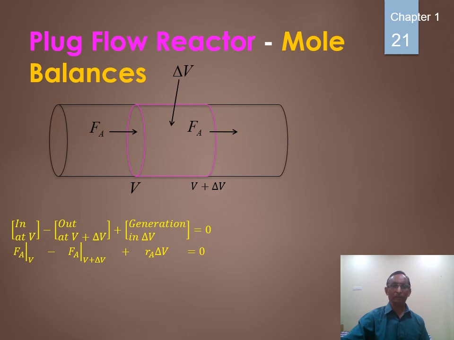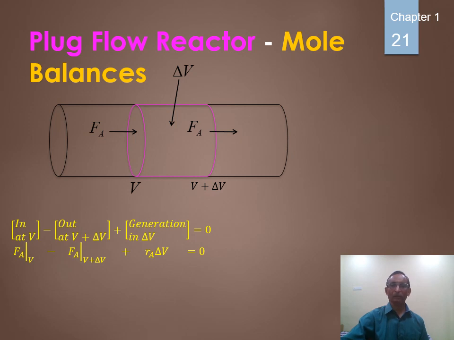So by considering this assumption, we define Fa at V minus Fa at V plus delta V plus Ra into delta V. Just now, as with the CSTR, we say that there is no accumulation. Here also there is no accumulation.